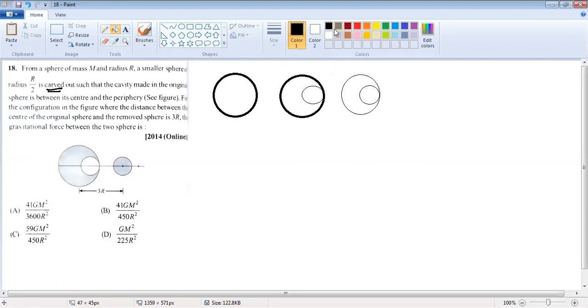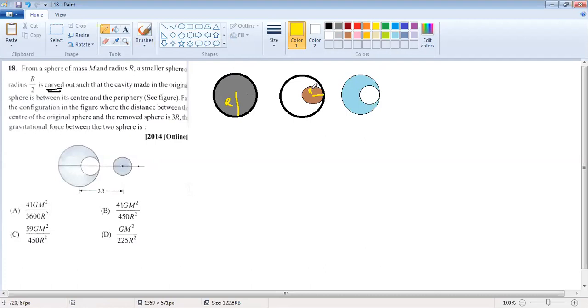Exactly as earlier, this is the full sphere, this is the removed part, and this is the remaining part. Now the removed part's radius is also r by 2. This radius is r.